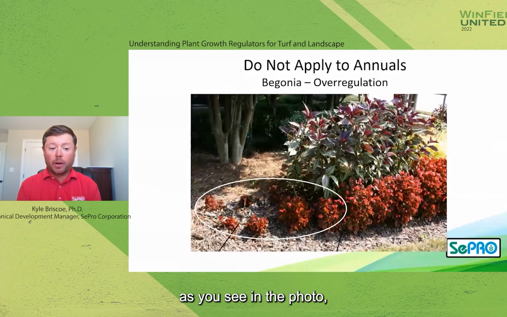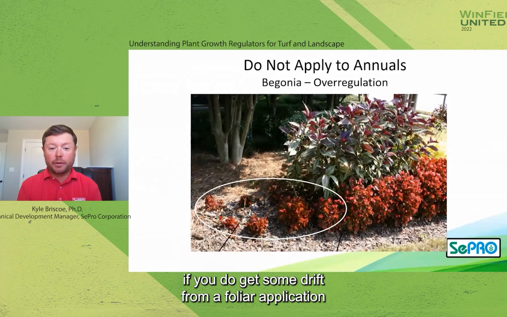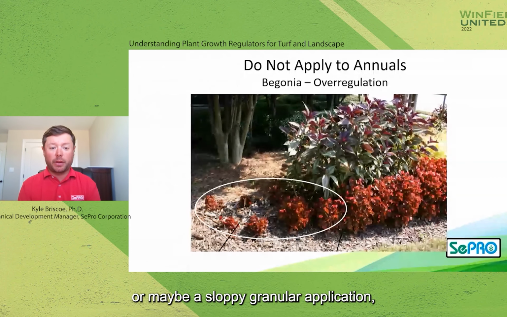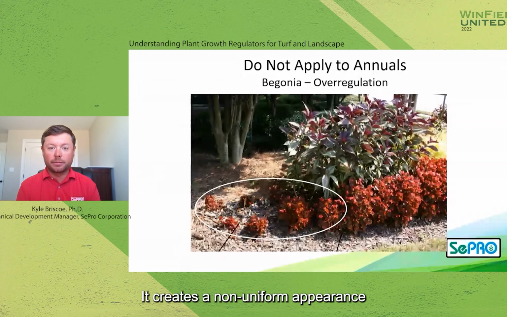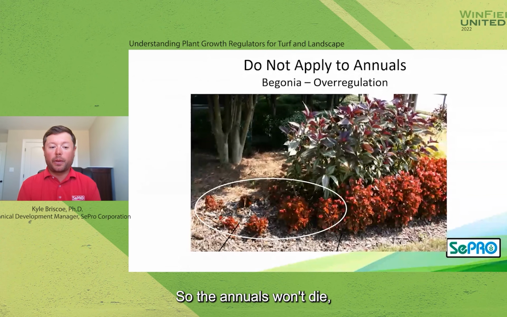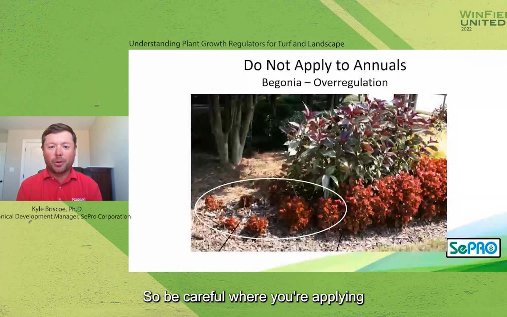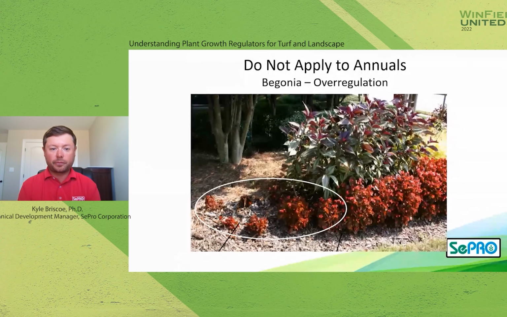As you see in the photo, if you do get some drift from a foliar application or maybe a sloppy granular application, you will regulate the annuals and they will not grow basically the entire growing season. It creates a non-uniform appearance that you can see in the photo. It just doesn't look very good. So the annuals won't die, they just won't grow. So be careful where you're applying, and make sure not to apply directly to the annuals.